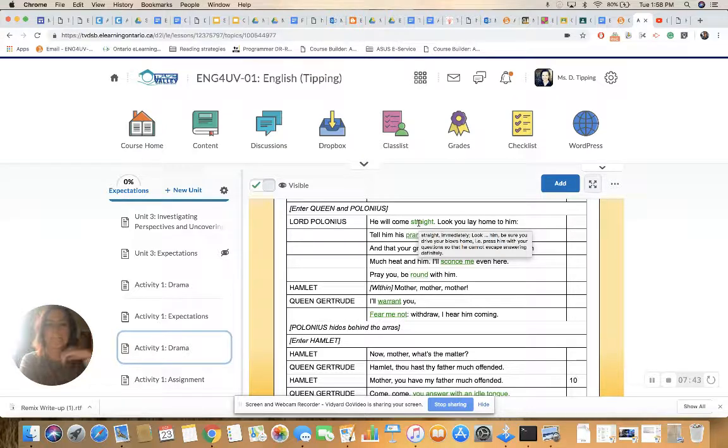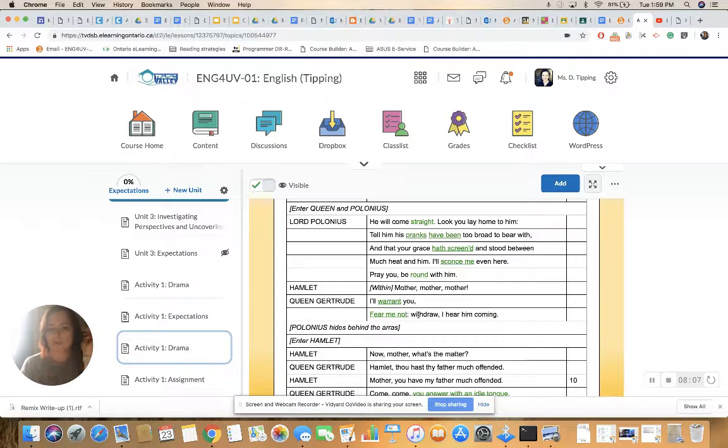Okay, so there you go. "Tell him his pranks have been too broad to bear with." And if you basically have a rough idea of what that means, you don't need to hover over this. But if you're not sure, by pranks, it's Hamlet's been acting crazy. And they've just gone on too long. "Pray you be round with him." Use the plainest language possible.